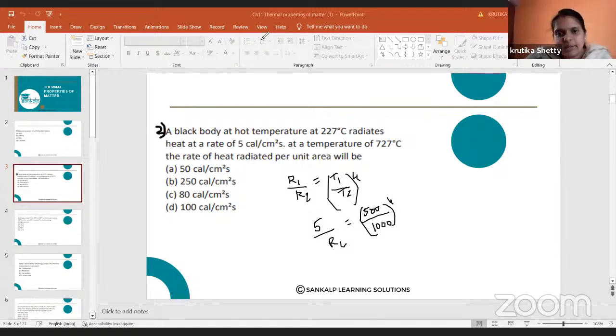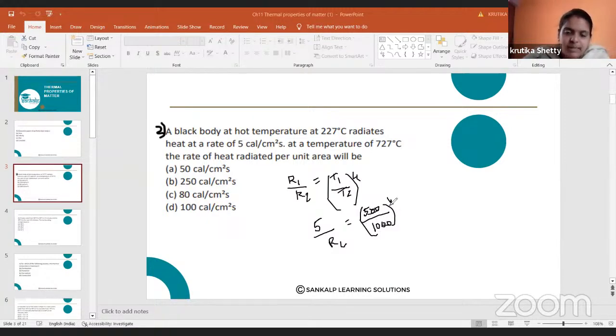Calculate students, I have given you the hint how to solve this. Calculate it for R2. See here, 2 zeros will go, here 2 zeros will go.